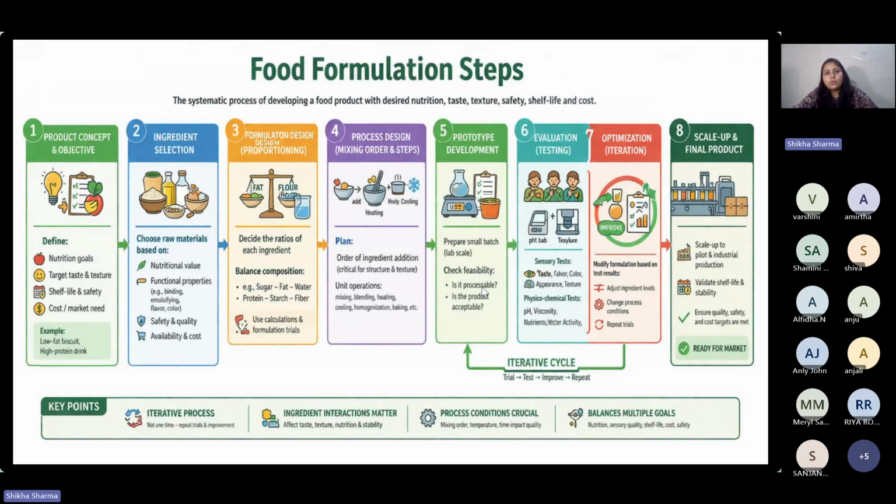So here are all the steps from concept development to ingredient selection, then designing or prototyping, then process design, then development. After testing, it will be iterated: if the product fails in this step, some feedback will be there, then again we'll start from here.